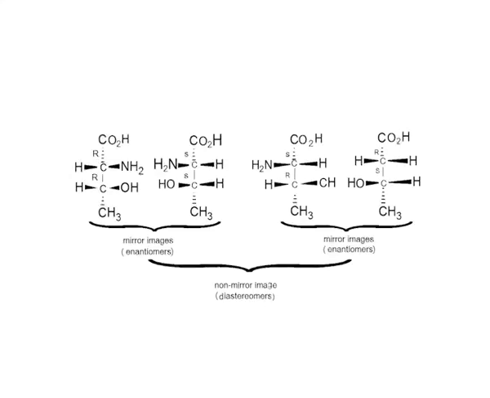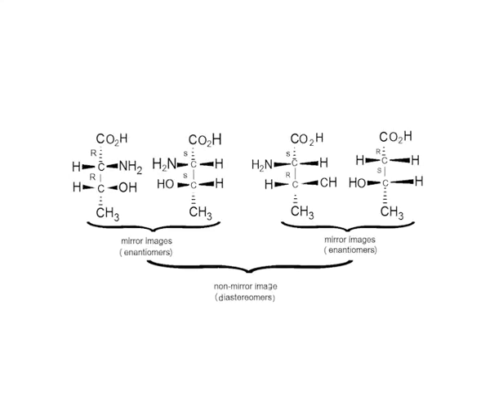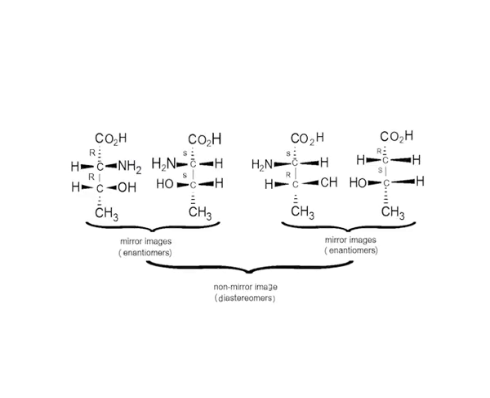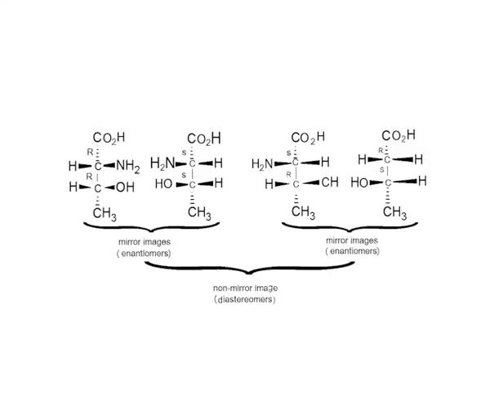For a molecule with n different chiral centers, there are 2 to the power n stereoisomers possible, not including geometric stereoisomers of double bonds. If there are identical chiral centers, the number of possible stereoisomers becomes less.